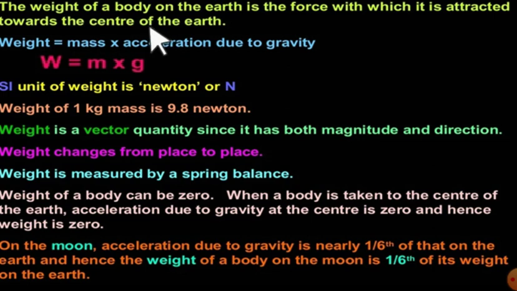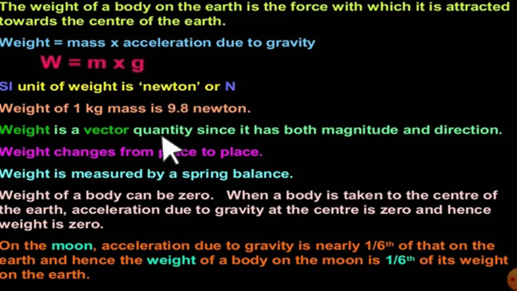That means weight is the gravitational force experienced by that object pulling toward the center of the earth. So weight is equal to mass into acceleration due to gravity. As I said, the SI unit of weight is Newton. Weight of 1 kg mass is 9.8 Newton. Why? Because if it is 1 kg, acceleration due to gravity is 9.8, so it will be 1 into 9.8, 9.8 Newton.